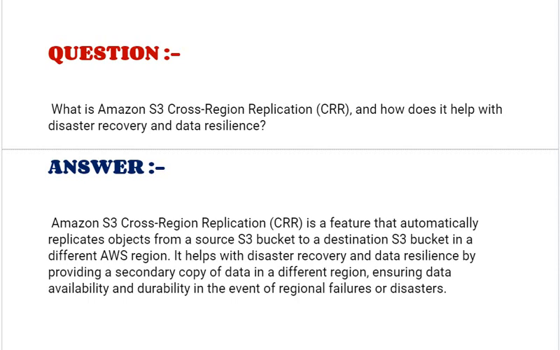It helps with disaster recovery and data resilience by providing a secondary copy of data in a different region, ensuring data availability and durability in the event of regional failures or disasters.